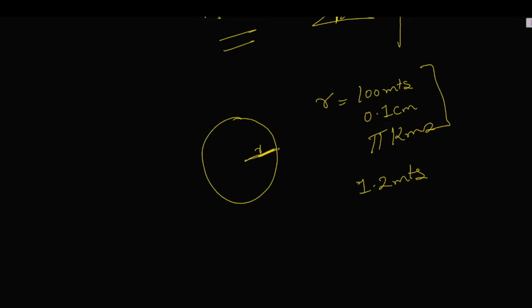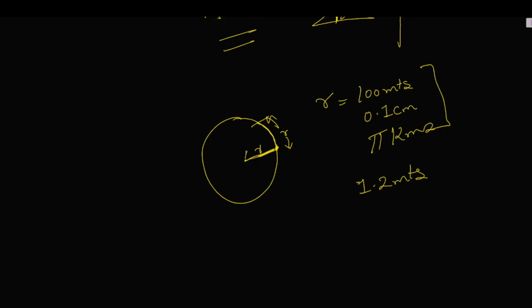So say r. And from here, you start moving along the arc of this circle, exactly 1.2 meters, which is the value of r. From here, you have started moving along the arc and you have covered exactly 1.2 meters, which is the value of r here.